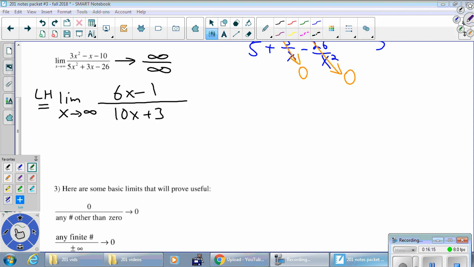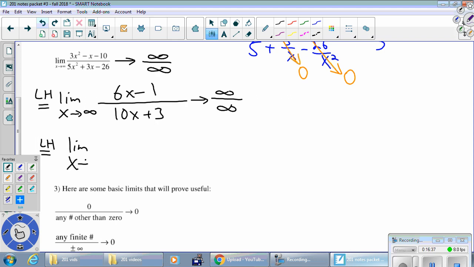So x is getting really big, the minus 1 is negligible, the plus 3 is negligible. And so that means that the top and the bottom are 6 times infinity and 10 times infinity. They're both going to infinity. And so again, we get infinity over infinity.